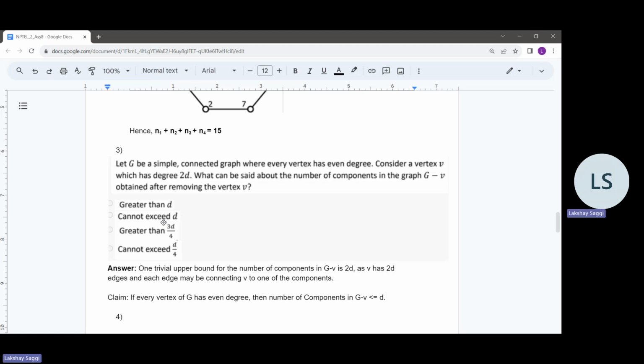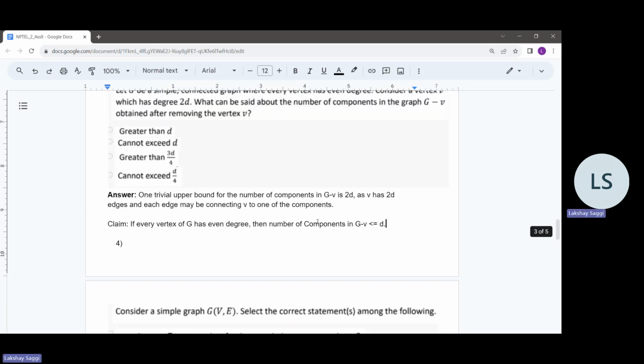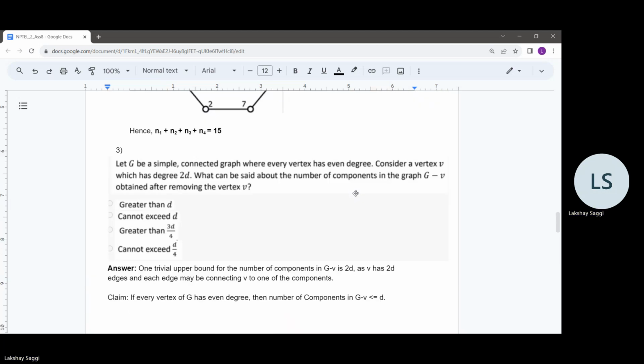And why will this be the case? Why will it be that if every vertex of G has even degree, then the number of components in G minus V is less than or equal to D? Just to give you an idea, I'll explain it at a high level for now and write it down afterwards.